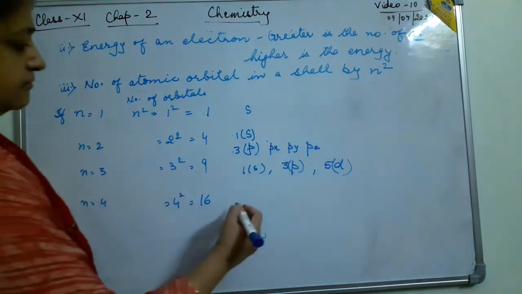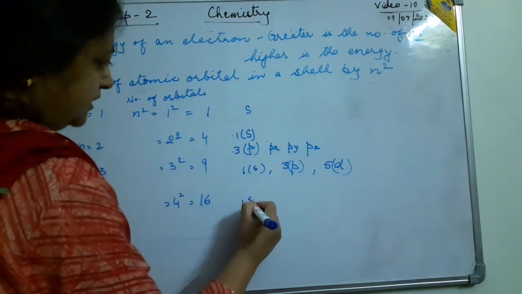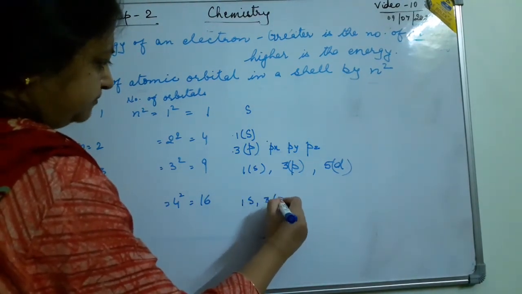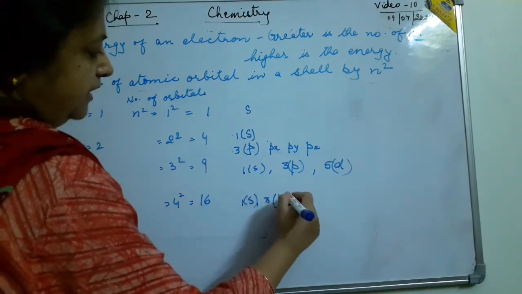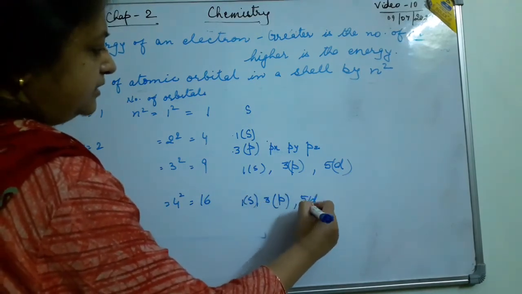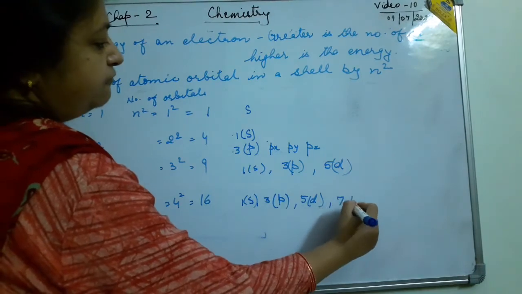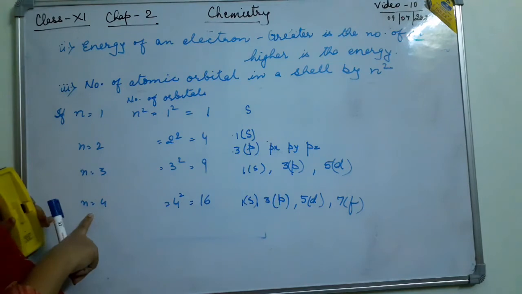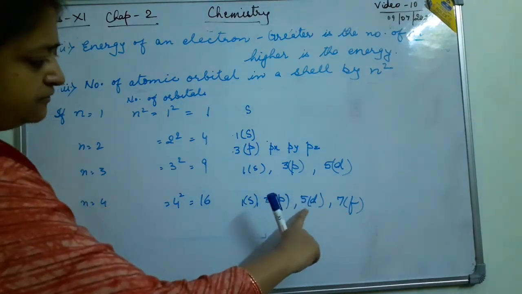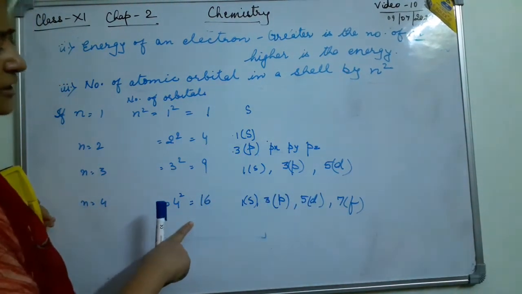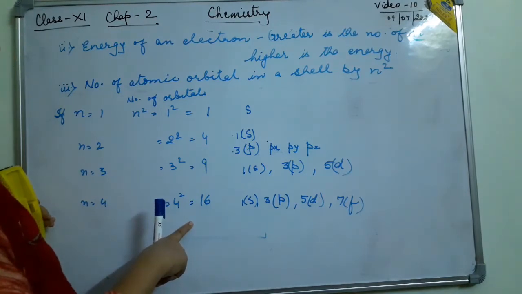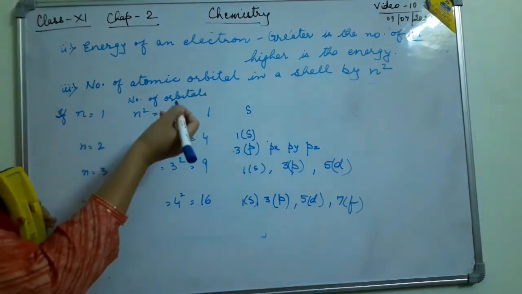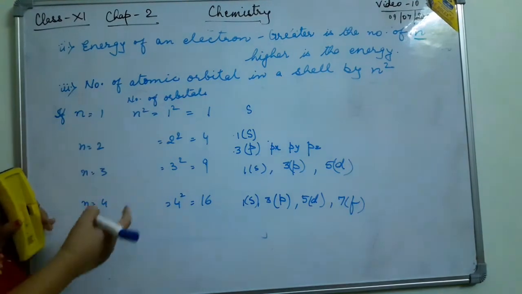For the fourth shell, 1 s orbital, 3 p orbitals, 5 d orbitals and 7 f orbitals are present. So the total is 7 plus 5 plus 3 plus 1 equal to 16. So we can calculate the total number of atomic orbitals by the quantum number n, by n square.